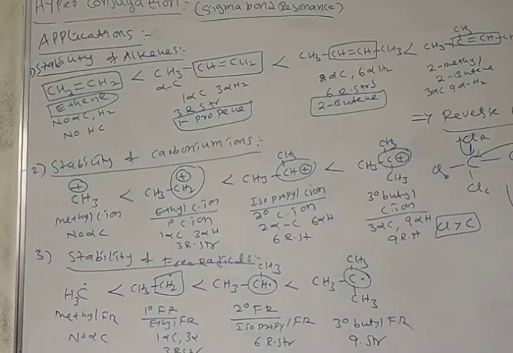This is also called sigma bond resonance. Why? Here sigma bond electrons are transferred, so we call it sigma bond resonance. And after forming the resonance structure, there is no bond between hydrogen and carbon, so we call it no bond resonance.